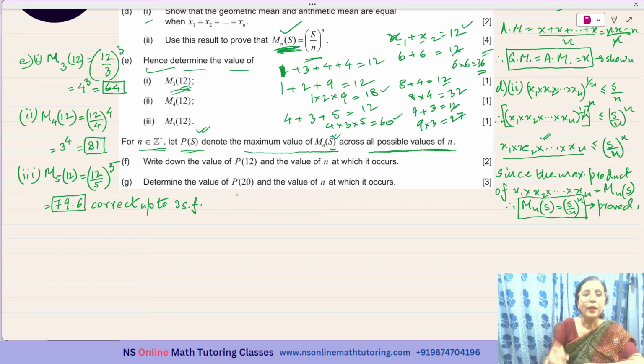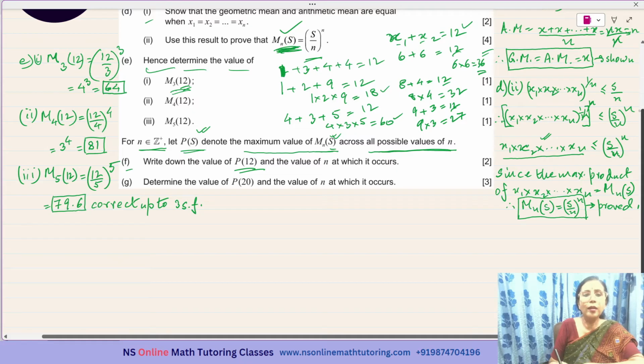Understand? Okay. So, subpart F is saying write down the value of P of 12 and the value of n at which it occurs. Okay. So, P of S is the maximum value. That means we understand that there will be a single maximum value. It is not that you will have multiple maximum values.